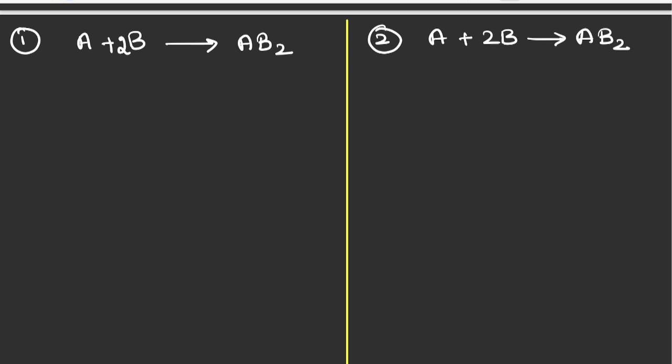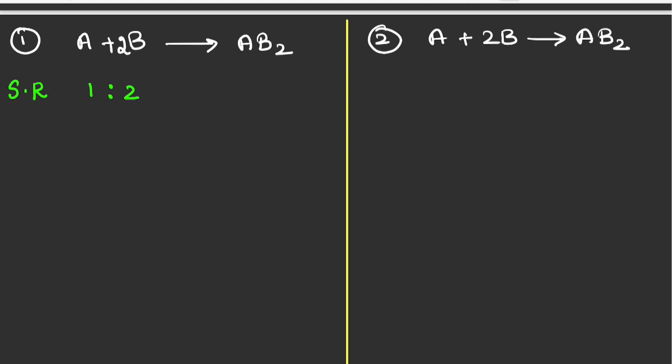First, let us consider the first equation and find SR, the stoichiometric ratio. Here the stoichiometric ratio is 1:2. Stoichiometric ratio means the number which is present adjacent to each reactant. For A, if there is no number, it means that 1 is present, so I have written 1. And for B, the number present is 2. So the ratio is 1:2.